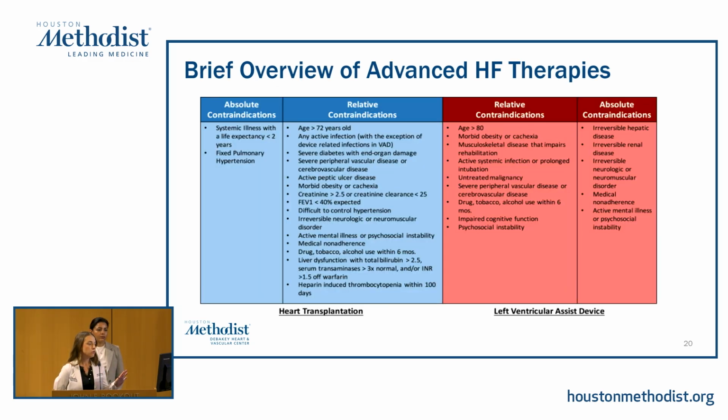Some absolute and relative contraindications for both VAD and transplant. So for transplant, a contraindication is age over 72. It's important to know that for patients that are morbidly obese, there's a BMI contraindication as well. And a very big factor for these patients, aside from how they are clinically, is their social factors.